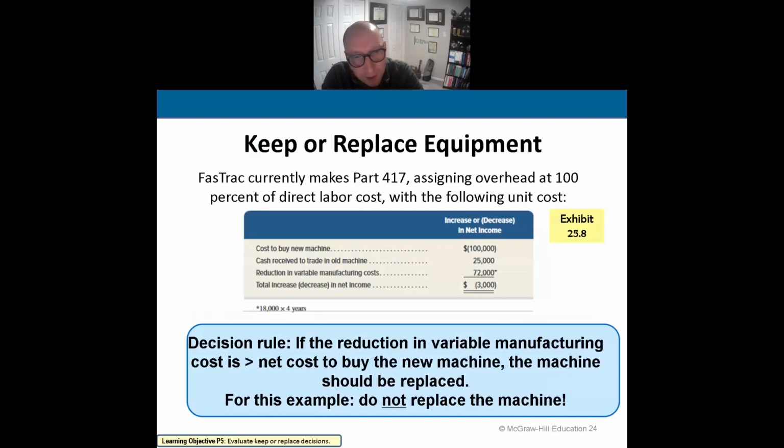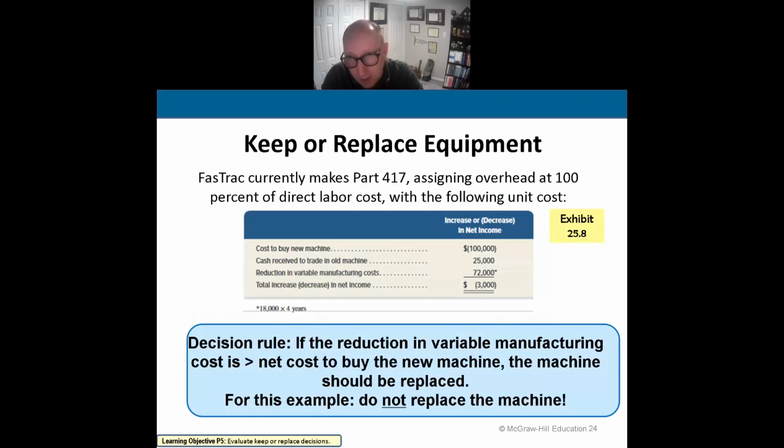If I sell the existing machine and buy a new one, I could sell the existing machine for $25,000 at salvage value. Buy a new one for $100,000. I would reduce my variable manufacturing cost by $72,000 if I buy the new machine. This would be a total decrease in net income by $3,000.